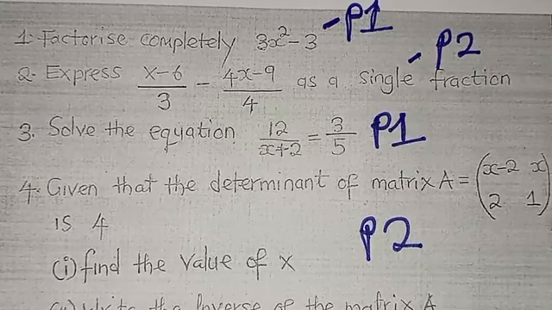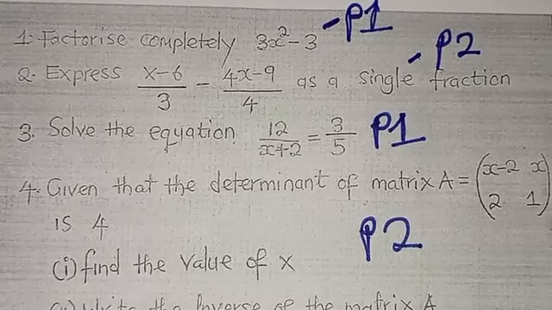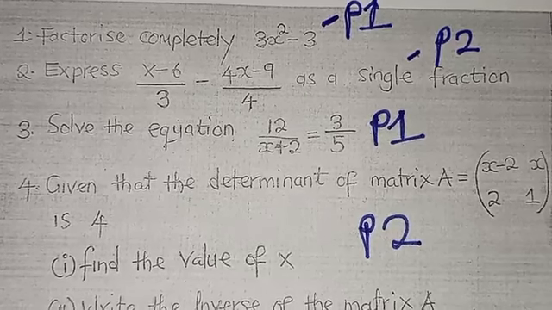So let's see how we can answer these questions together. I guess you've seen these questions. How are we going to revise through these questions together? The first question was telling us to factorize.